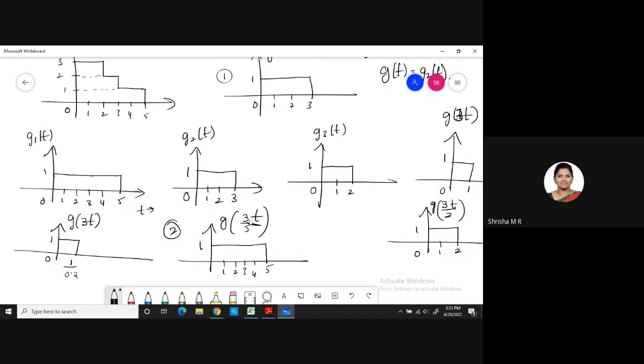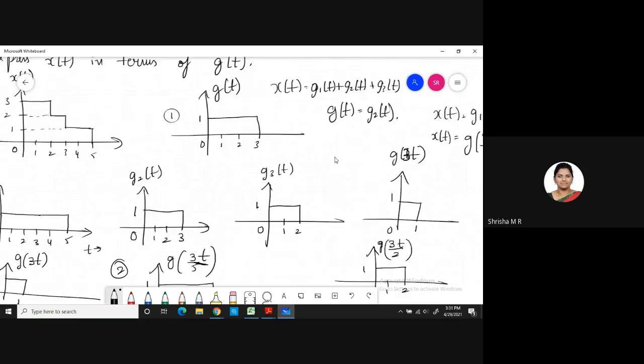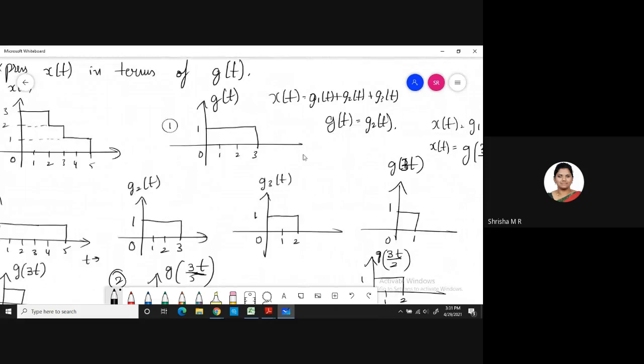Got it everyone? 3t by 5, you will get a signal from 0 to 5 with an amplitude 1. This is our first waveform g1 of t. We are done with that, and g2 of t is nothing but g of t only. Coming to g3 of t, I want to express g3 of t in terms of g of t. So same thing, I will compress it from 0 to 1.